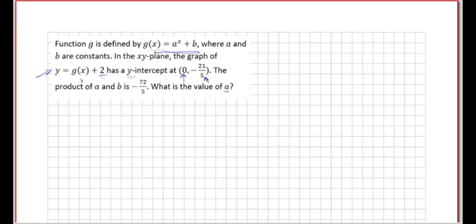And g of x here can be replaced with this function right here. So we can write y equals g of x plus 2. First of all, we can replace g of x by this function. So y is equal to a to the power of x plus b and then plus 2.